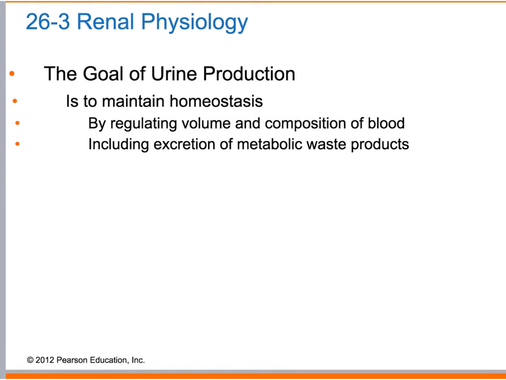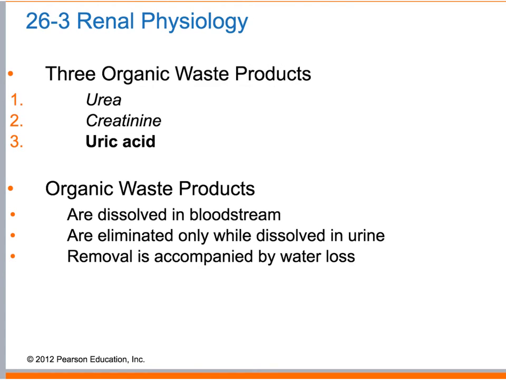The goal of urine production is to maintain homeostasis by regulating volume and composition of blood, including the excretion of metabolic waste products. There are 3 organic waste products: urea, creatine, and uric acid. Organic waste products are dissolved in the bloodstream, are eliminated only while dissolved in urine, and removal is accompanied by water loss.